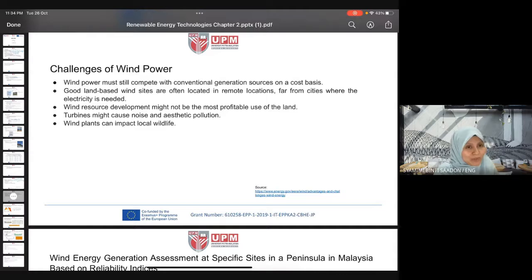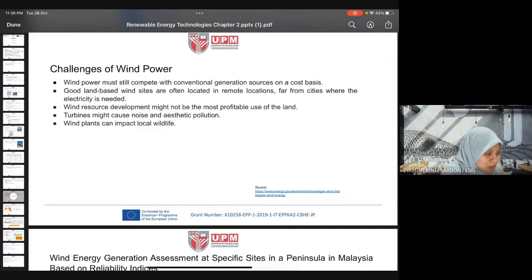For example, whether we want to install this wind turbine, or we want to build more houses using the same land. So there's always a challenge like that.